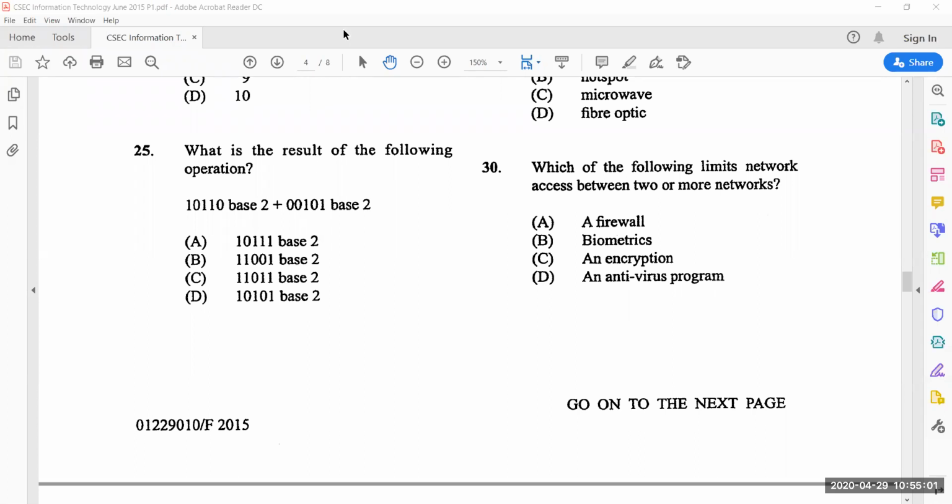Yeah, so the firewall is used for limiting access between two or more networks.